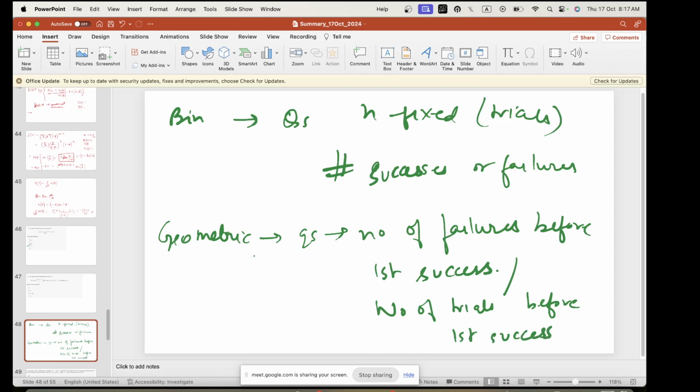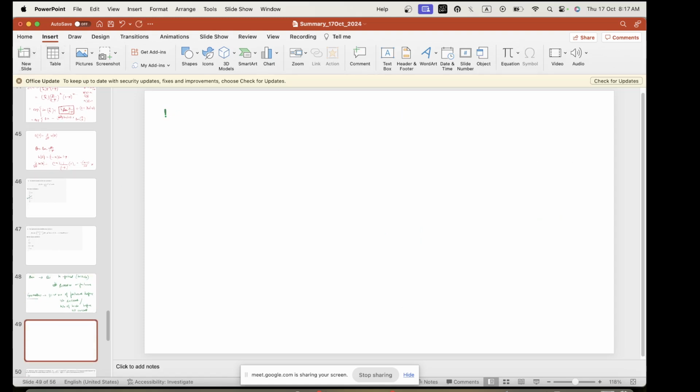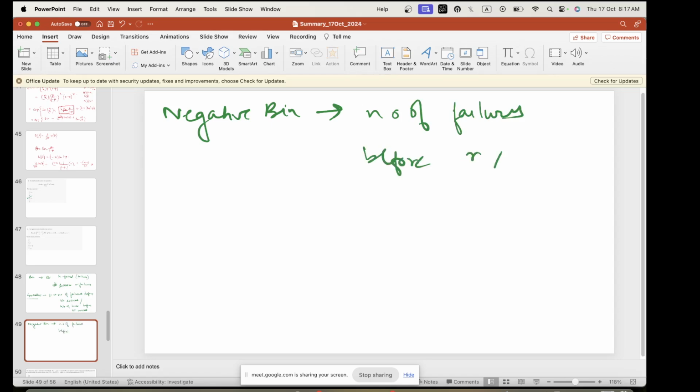And negative binomial is actually an extension of the geometric distribution. So in negative binomial, we are saying number of failures before r successes. And how is it not related to binomial? Because n here is not fixed.